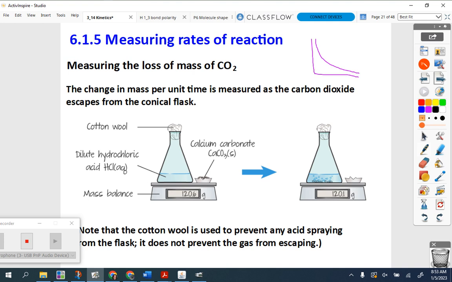And so once the bubbles are released, they no longer count for mass on the balance. And so we can measure the production of the gas by indirectly measuring the decrease in mass. So that is something that we can also do to measure over time. As the experiment is going along, we can track that across time.